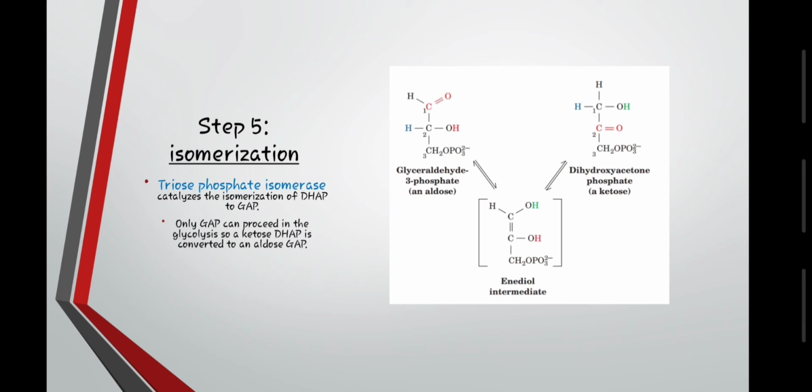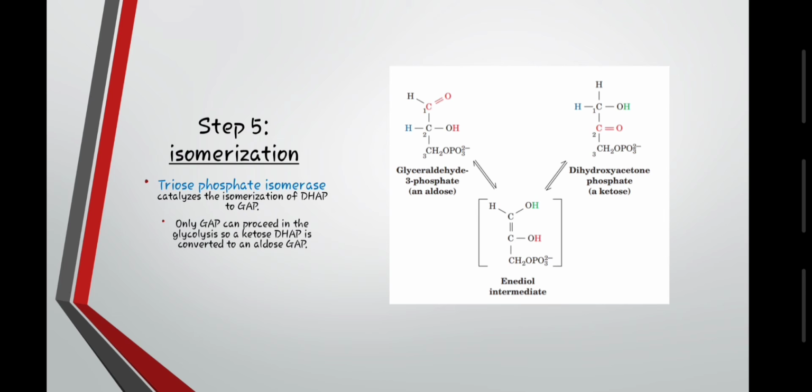In reaction 5, there is isomerization. Triose phosphate isomerase, which is an enzyme, characterizes the isomerization of dihydroxyacetone phosphate into glyceraldehyde 3-phosphate. For glycolysis to proceed, you only need glyceraldehyde phosphate.